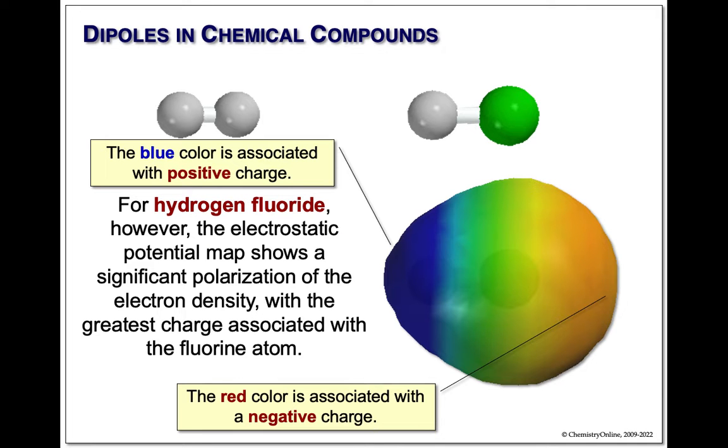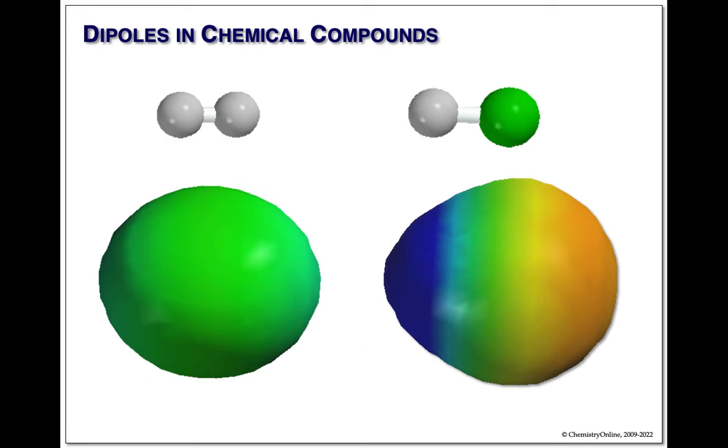So what's happening here is that fluorine is pulling the electrons away from the hydrogen towards itself. Again, this looks like a lime, looks like an Easter egg. This is what's called a polar covalent bond.